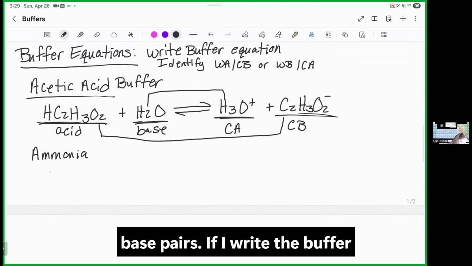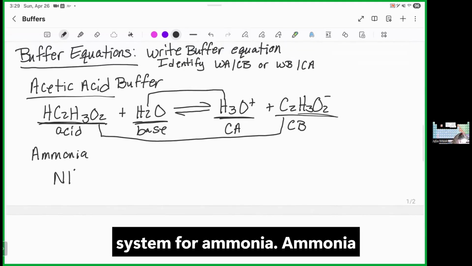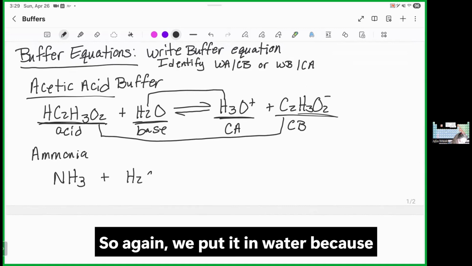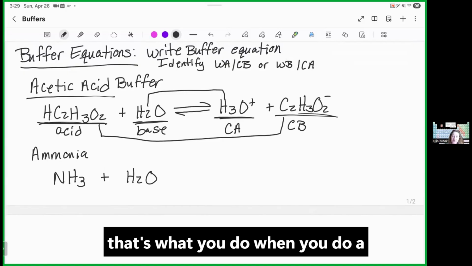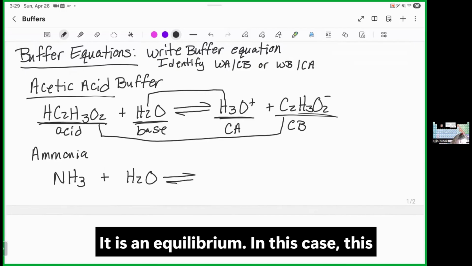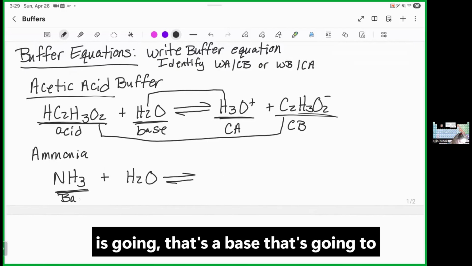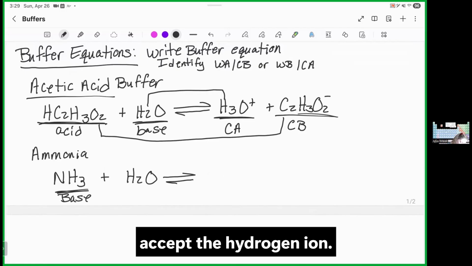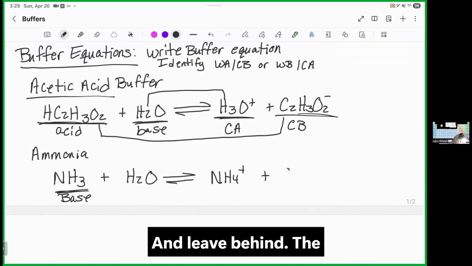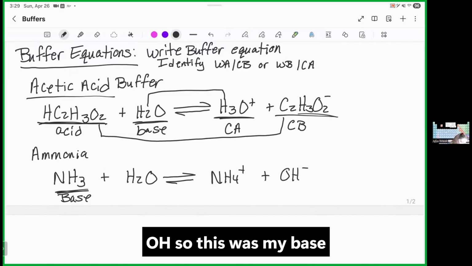If I write the buffer system for ammonia, ammonia is a base. It accepts a hydrogen ion. So again, we put it in water because that's what you do when you do a buffer equation. You put it into water. It is an equilibrium. In this case, that's a base that's going to accept the hydrogen ion and leave behind the OH.